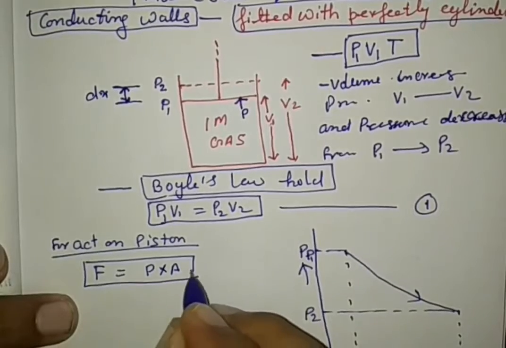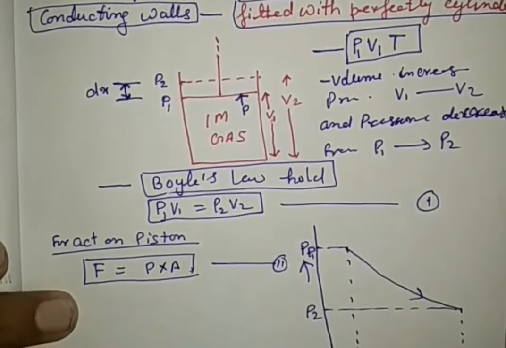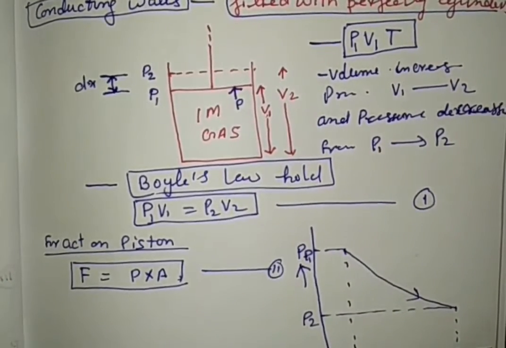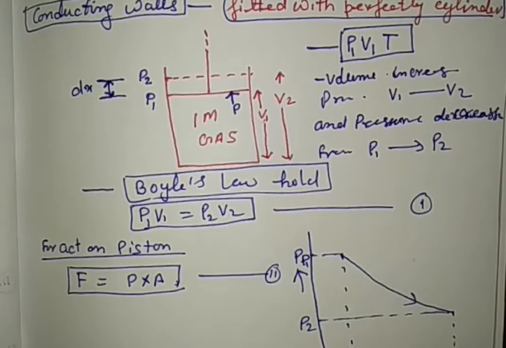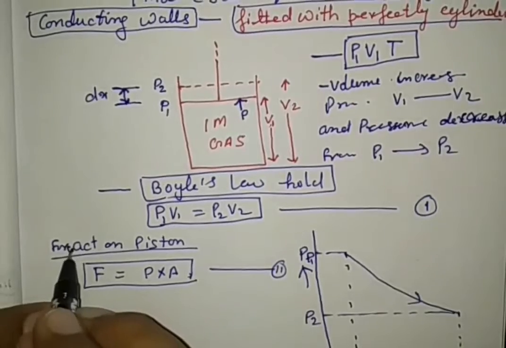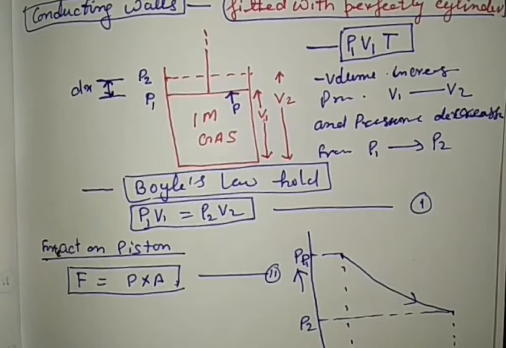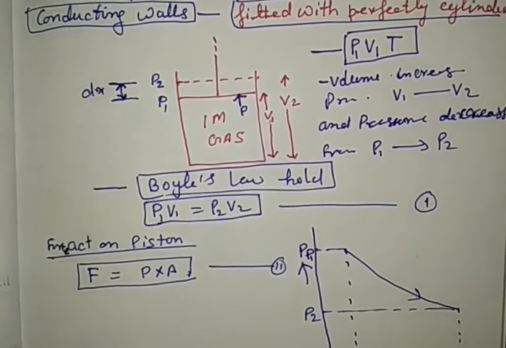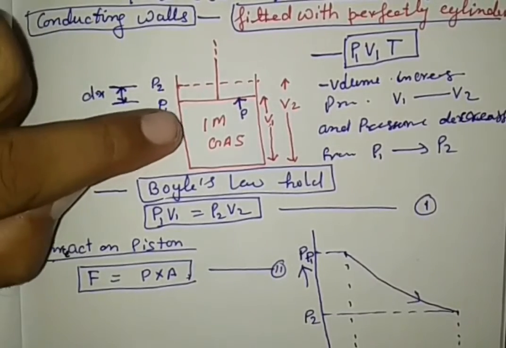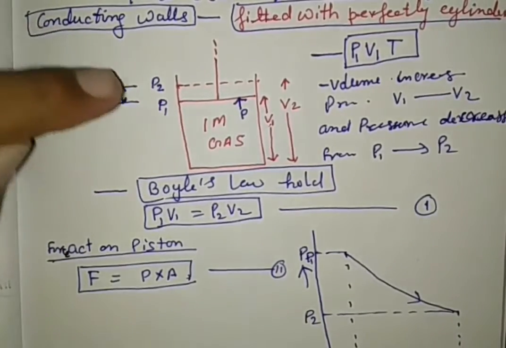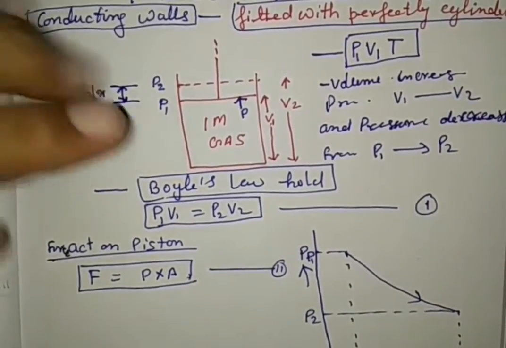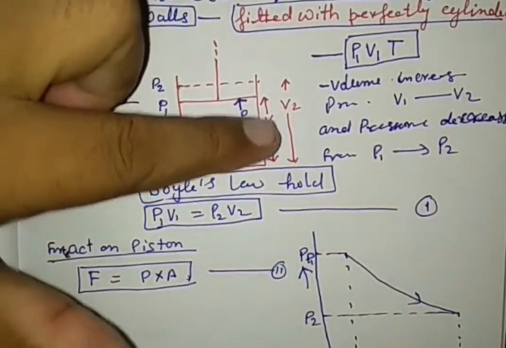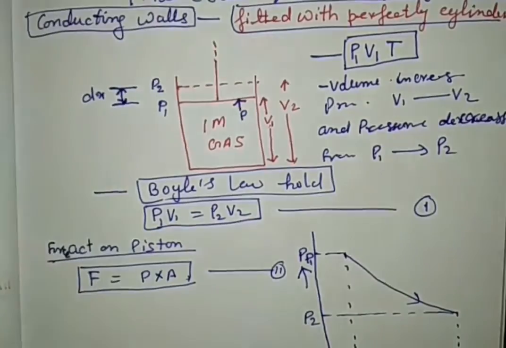We know this formula, right? Force acts on the piston. If the piston travels a distance delta x, volume increases from V1 to V2.